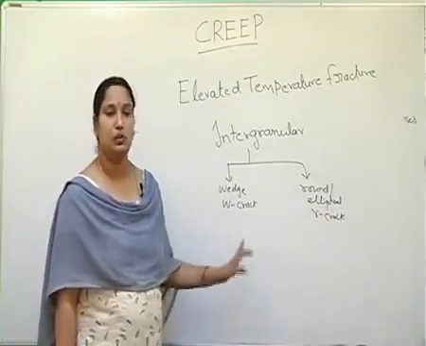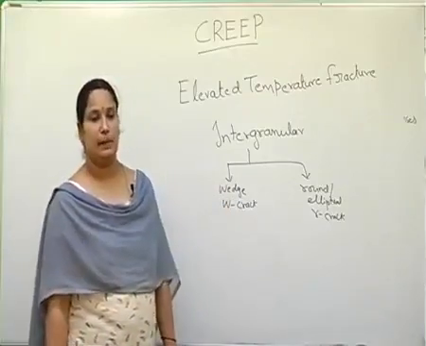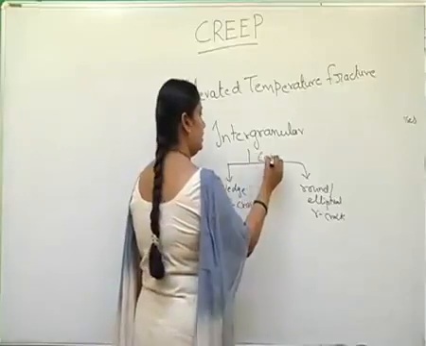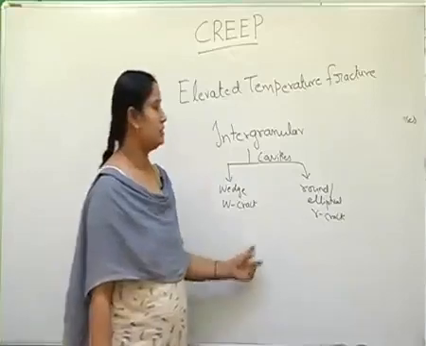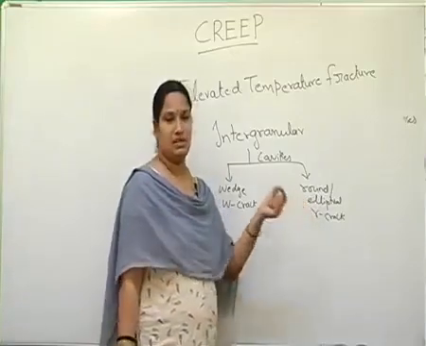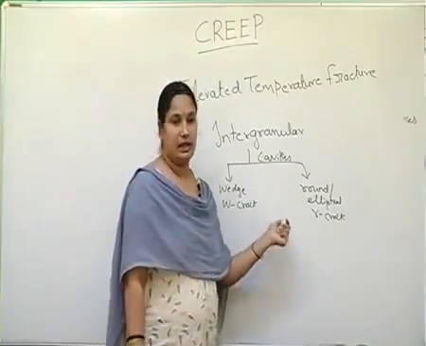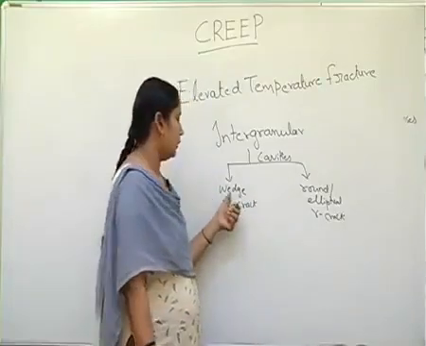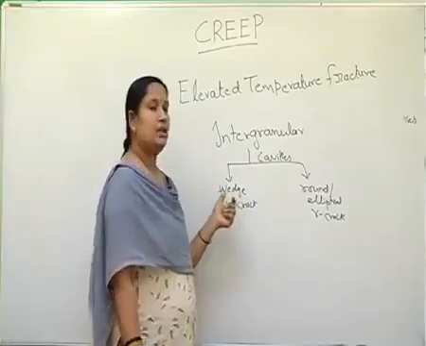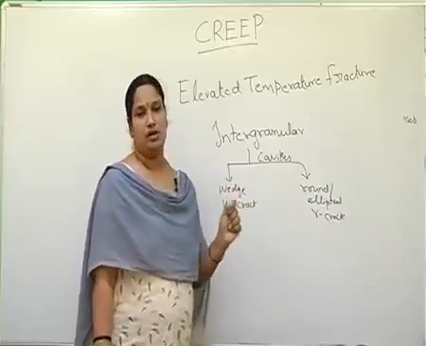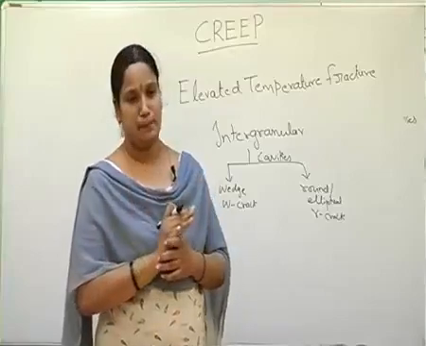The round or elliptical cavities form along the grain boundary edges, whereas W type or wedge cracking forms at the triple points or at the grain corners.